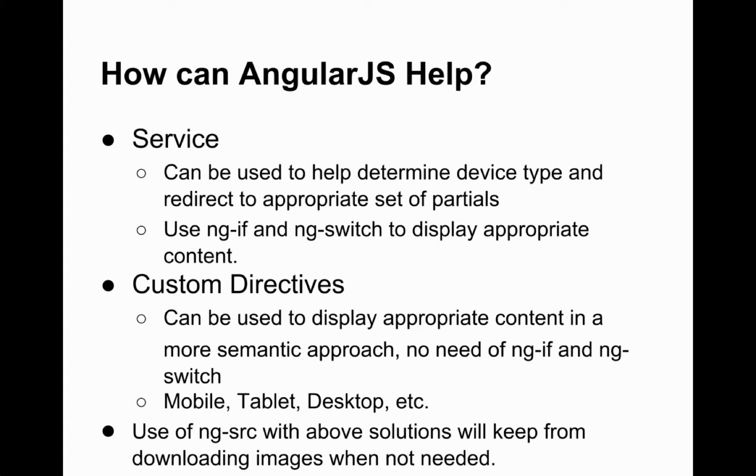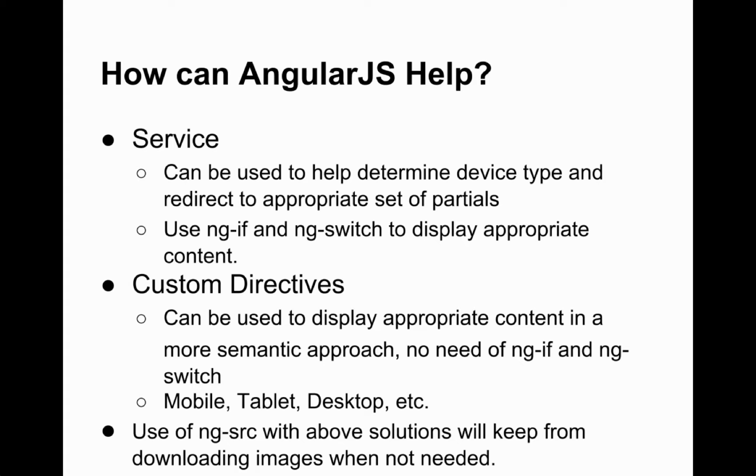So the client can figure it out instead of your server-side code having to figure it out. We can also use ngIf and ngSwitch to display the appropriate content. But the problem with ngSwitch or ngIf is that you get all this complicated code in your HTML. If mobile, do this, or ngSwitch mobile and stuff like that. So that isn't truly a really good way.